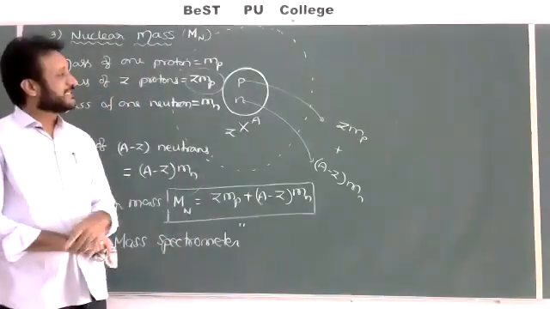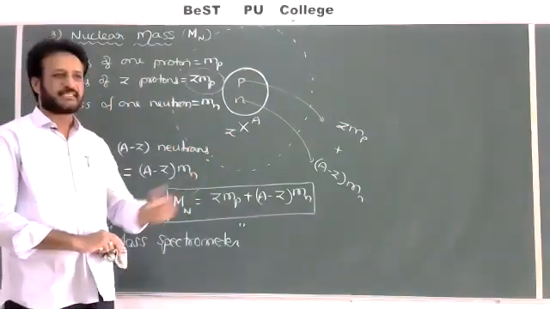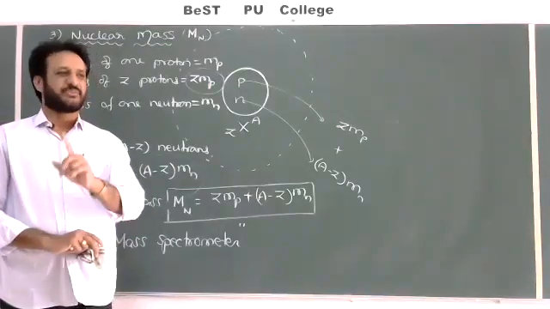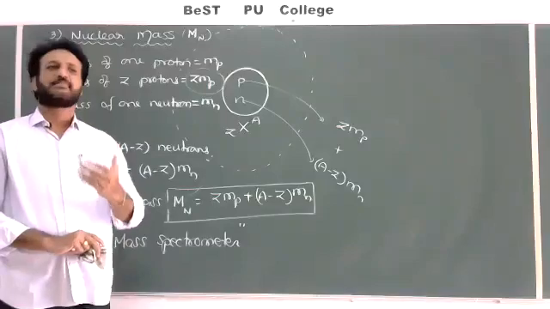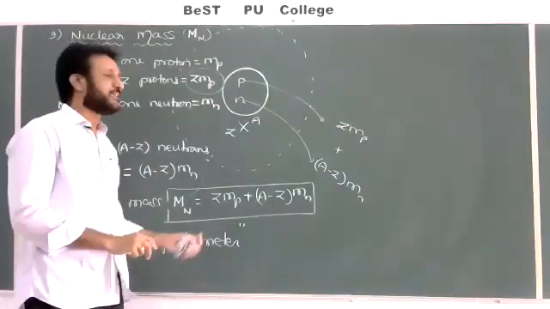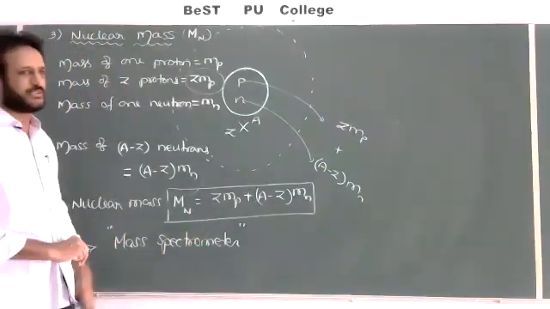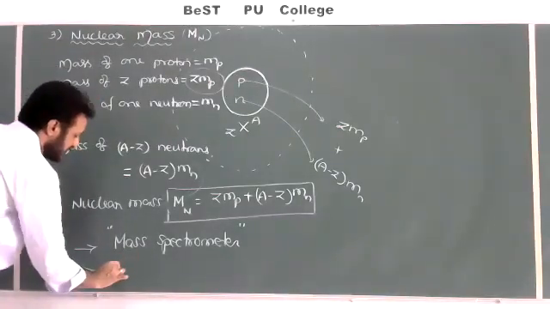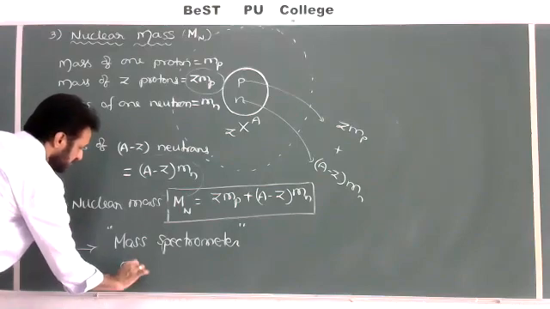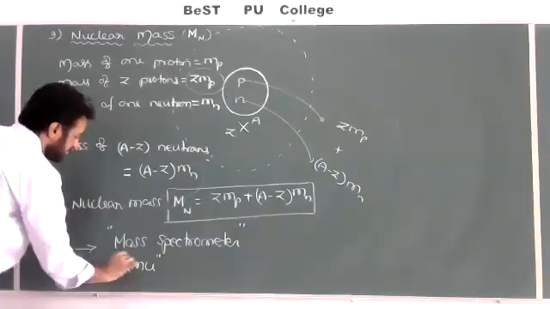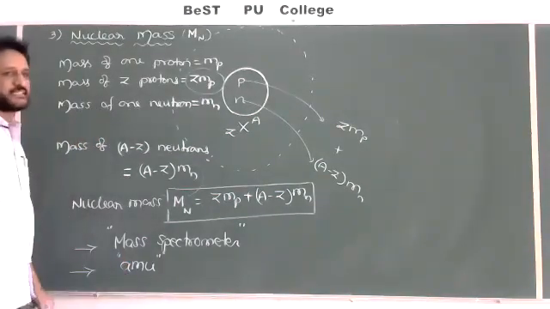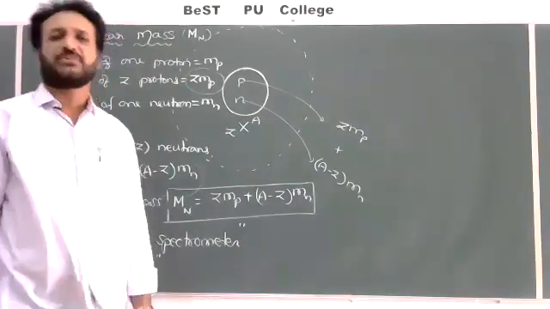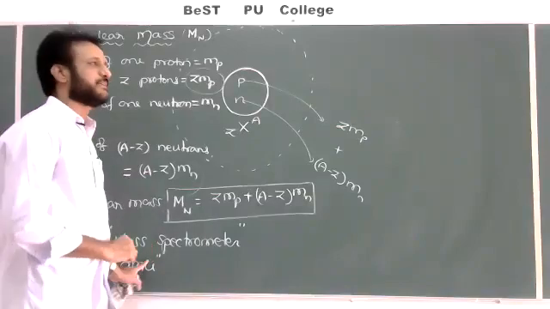That's why in atomic and nuclear physics, instead of kilograms, we use AMU, the atomic mass unit, or unified mass, to measure the mass of the nucleus.